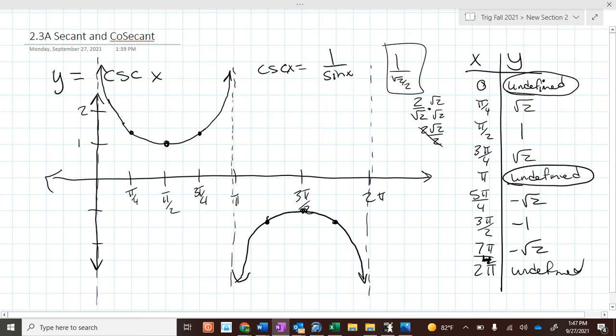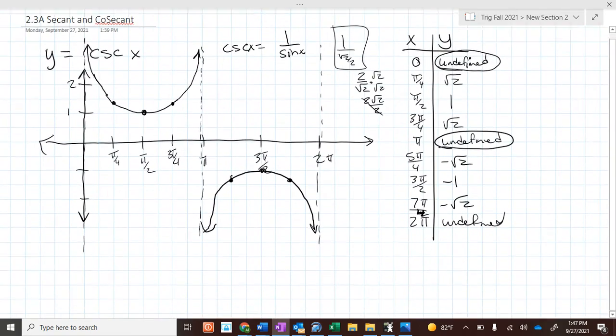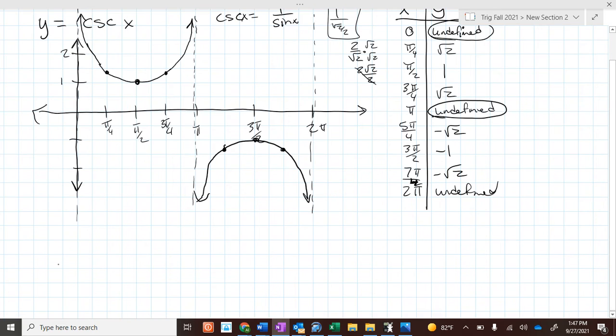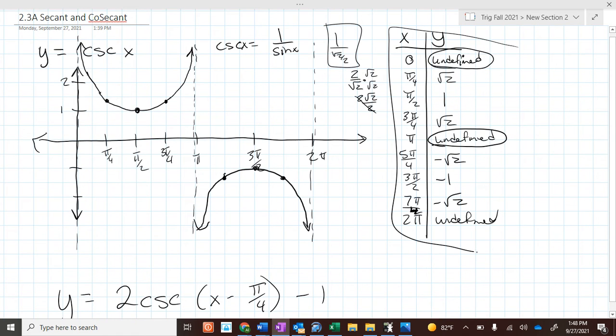Okay. So this is Mr. Bierschbach's cheat code to this. So if you're told to find y equals 2 cosecant of x minus pi over 4 minus 1, you're going, oh my, to find the points for that might be kind of difficult.